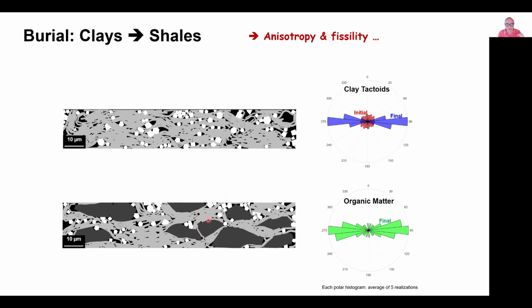And this was originally quite spherical, but the organic matter is quite deformable. So not only the clay particles, the organic matter deforms. What is surprising is that at the beginning, when we put them in the suspension, they were randomly oriented, like the red histogram shows. This is a polar histogram.